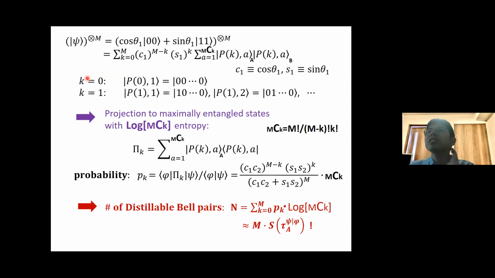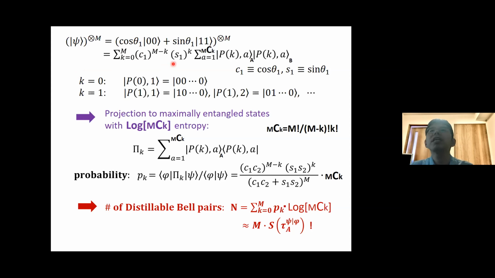Here we follow the very famous argument for how we can extract entanglement from many copies of qubit systems, which explains the von Neumann entropy formula. We can focus on one particular state, the psi state with angle theta 1.